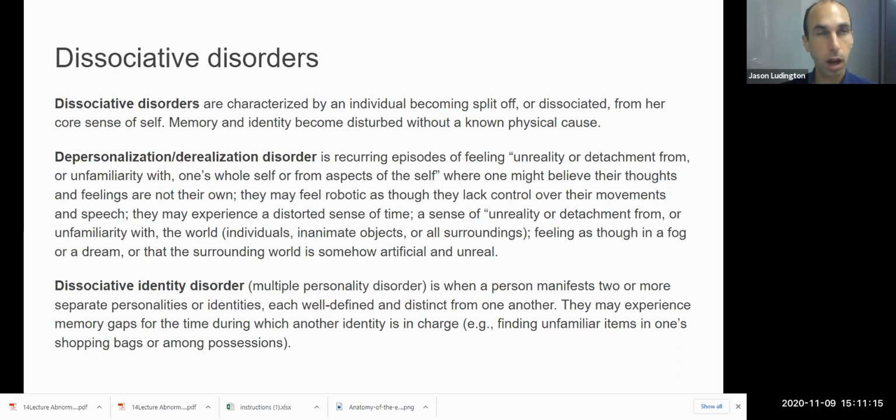So if all of these disorders have their diathesis in childhood trauma, then why is it that mistreated children don't all go on to develop dissociative identity disorder? Some of them develop this, some of them develop that, some develop another thing.